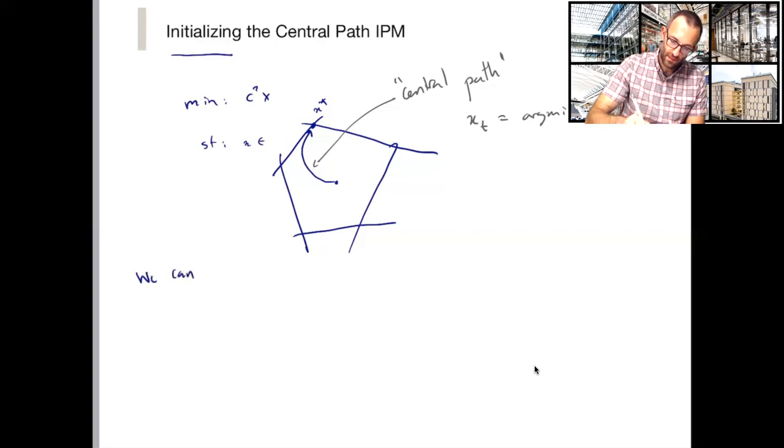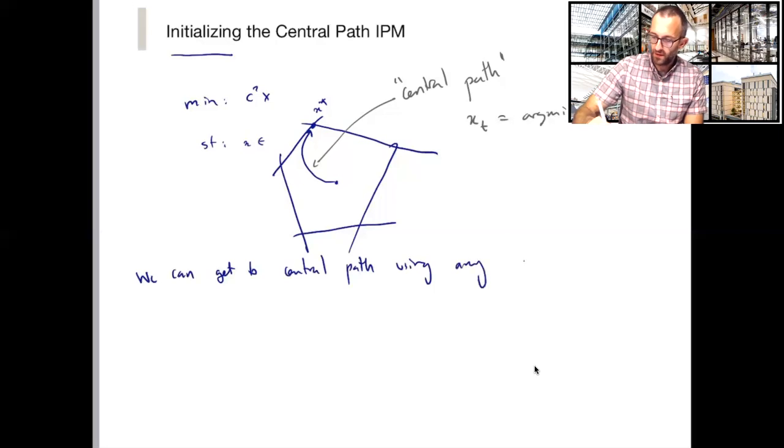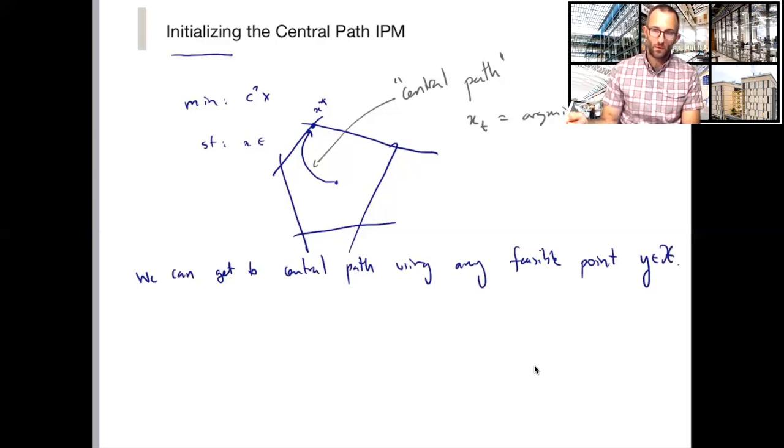We can get to the central path using any feasible point y in X. And we do this as follows.